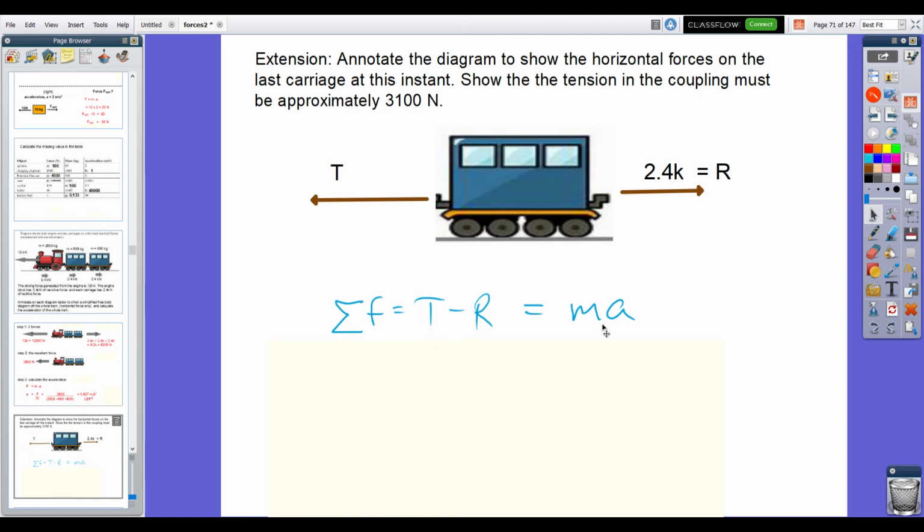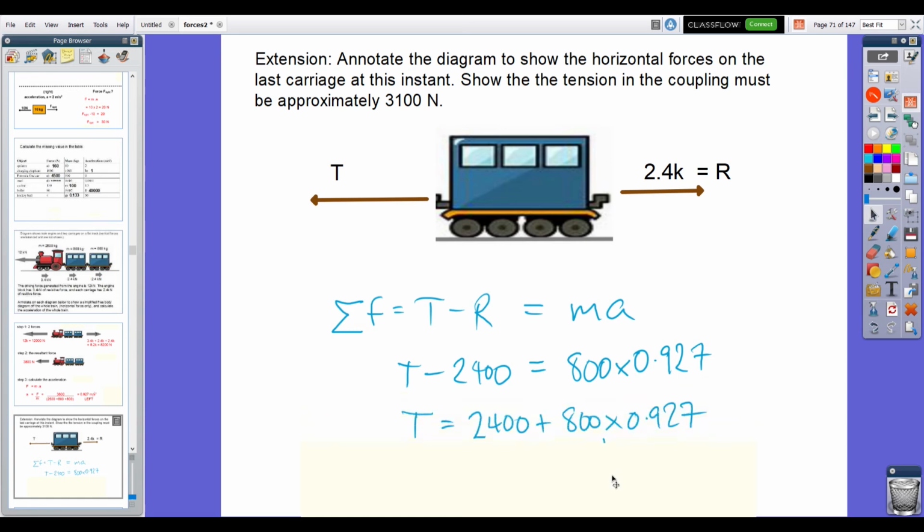So what numbers can we put in here? Well, I don't know the tension, but I do know that this resistance force is 2,400. The mass of this carriage is 800 kilograms. And I know my acceleration because I just calculated it in the last question. It's 0.927.